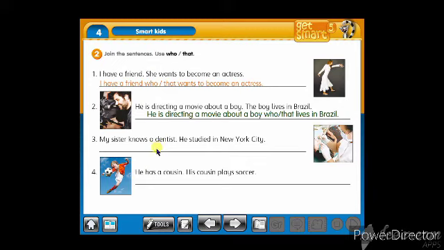Of course, obviously you have to say, my sister knows a dentist who studied in New York City. Finally, he has a cousin. His cousin plays soccer. He has a cousin who plays soccer. It's really simple, guys, but if you still have problems with these or understanding these, you can always tell me on Classroom.